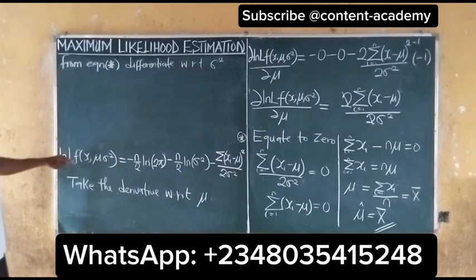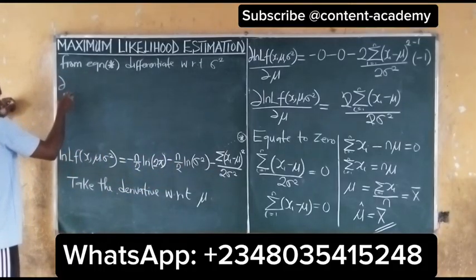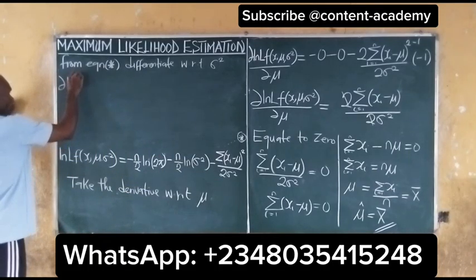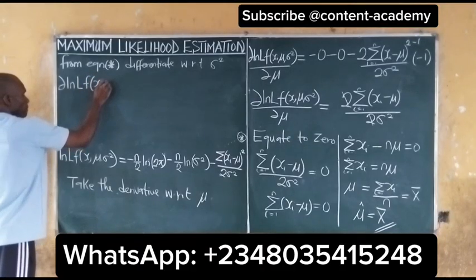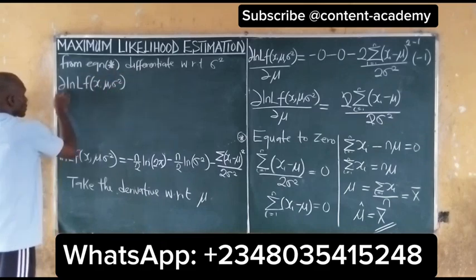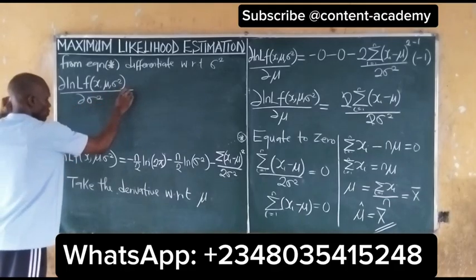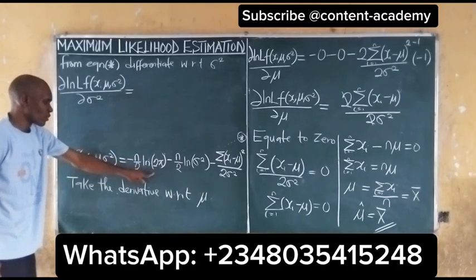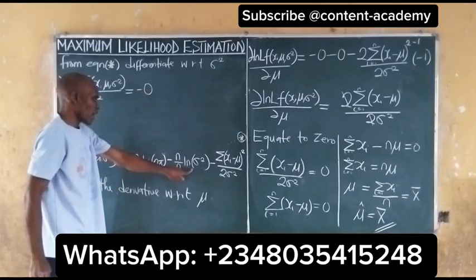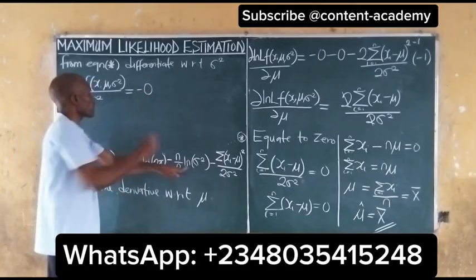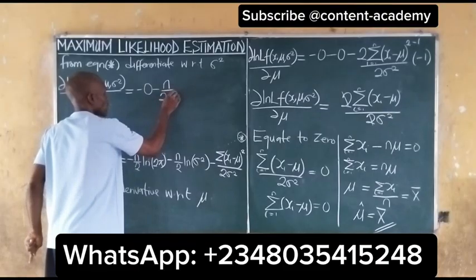So, if we are differentiating with respect to sigma squared here, we have the derivative of f of x, mu and sigma squared, all over d sigma squared, equal to, now, if you watch, there is no sigma squared here, so this becomes automatically 0. Now we have sigma squared here. If we differentiate this with respect to sigma squared, we have negative n all over 2 sigma squared.